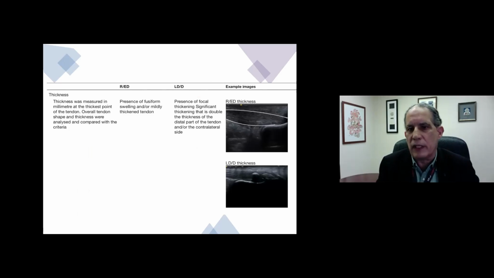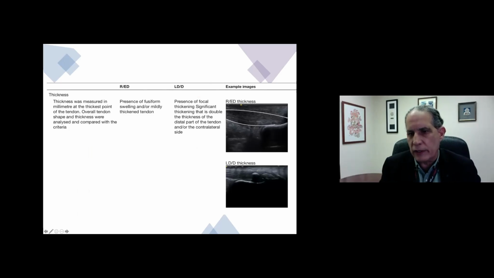This is about the thickness of the tendon. This is a tendon that has some swelling. This is the Achilles tendon with some swelling in the early stages. So this is early in the process. And this tendon here is very late.